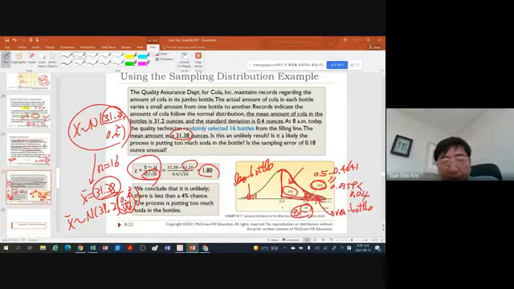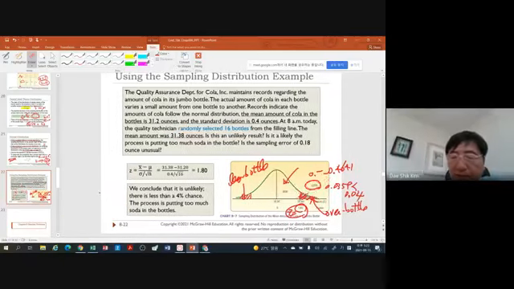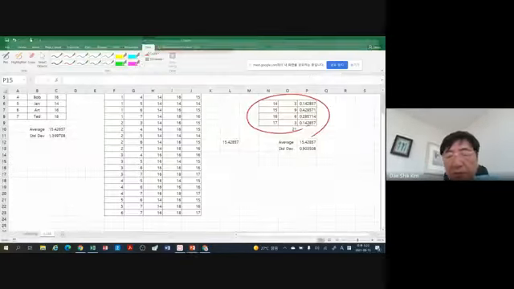So whether the process is putting too much soda in the bottle depends on what percentage you use, and we cannot conclude directly. When you calculate this, you realize that 31.38 is equivalent to Z equal 1.8, which is a tail of less than 4%.